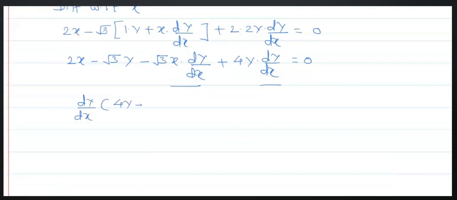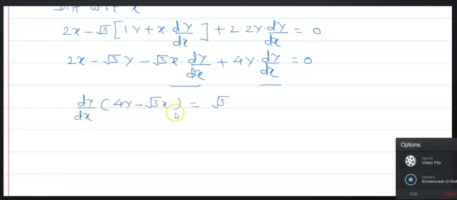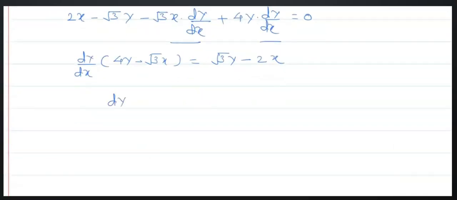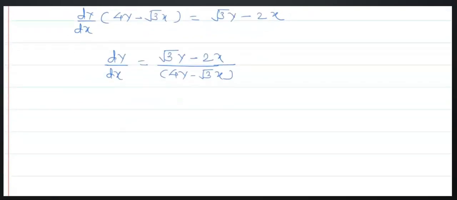Collect the terms of dy/dx. That is dy/dx (4y - √3x) = √3y - 2x, so dy/dx = (√3y - 2x)/(4y - √3x).